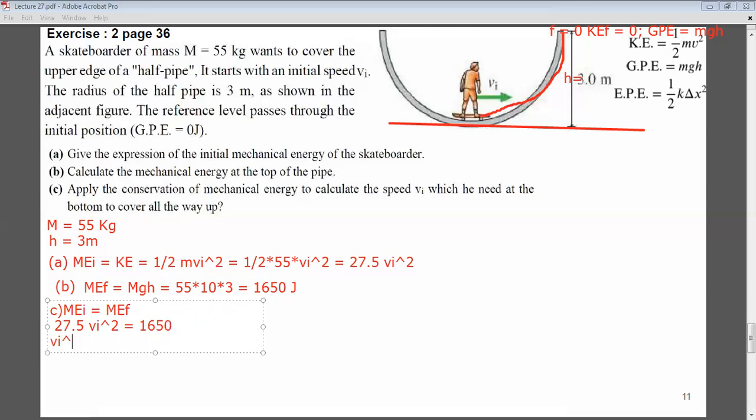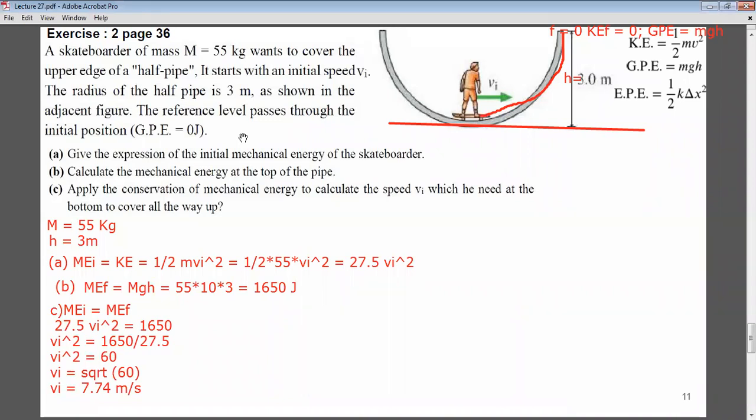So v initial square is equal to 1,650 divided by 27.5. v initial square equals 60. v initial equals square root of 60, which is 7.74 meters per second.